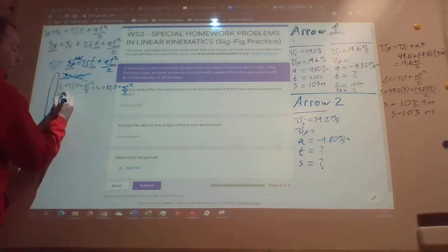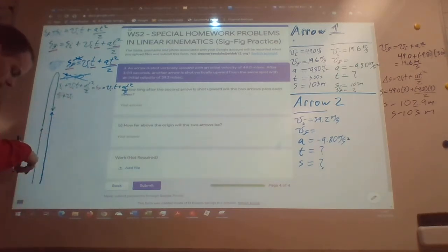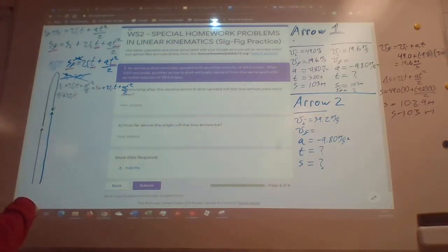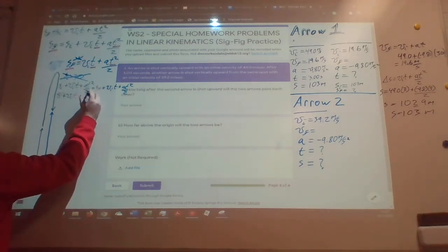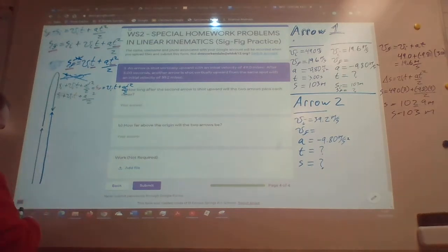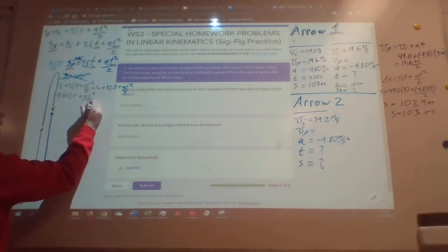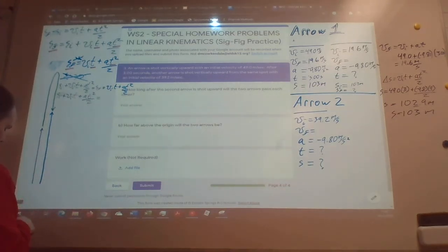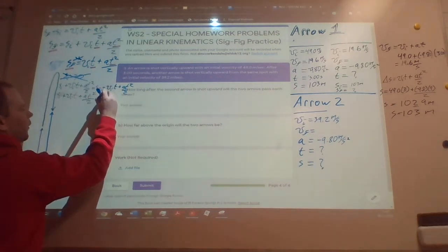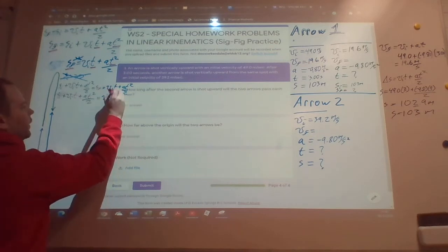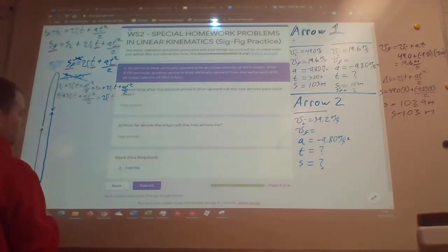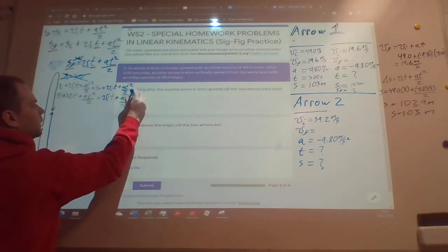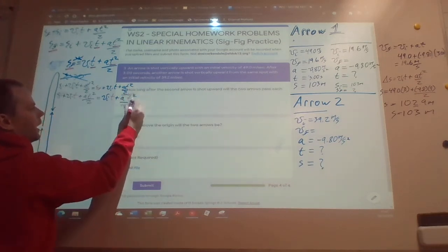So, SI plus VI t plus A times t squared over 2 equals, now arrow 2, the initial velocity of arrow 2 times the time it takes to reach the height plus the acceleration of arrow 2 times the time squared all over 2.